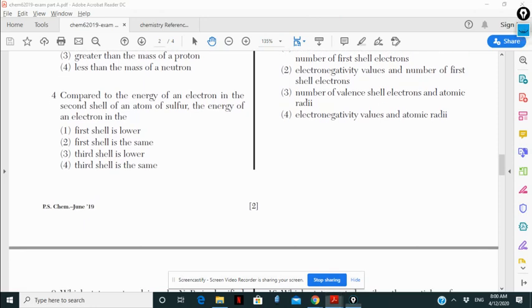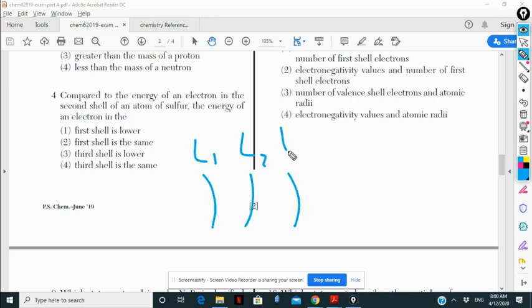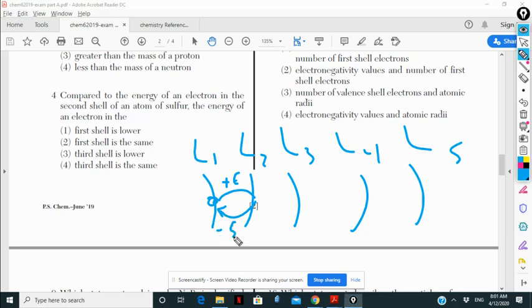Question number 4. Compared to the energy level, the energy of an electron. Here is level 1, shell 2, shell 3, shell 4, shell 5. We understand that to move from here to here, you have to add energy, and when you're going backward, you subtract energy.